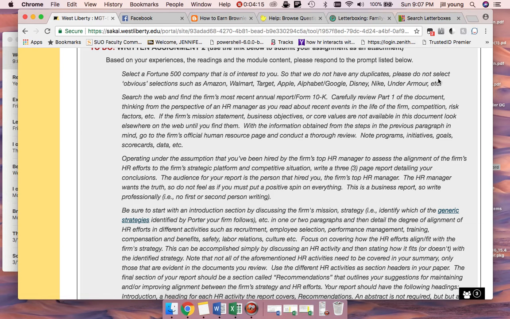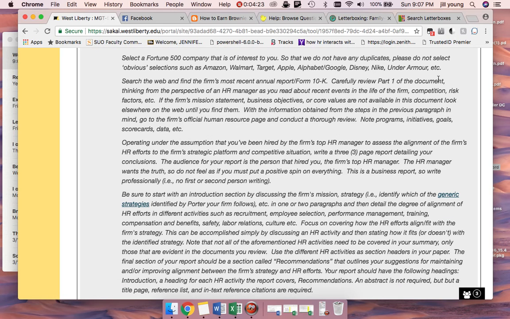If they're not available, look on their website. Usually you can go to a corporate website and find all that information. Really, you're just doing an overview of all of these things: the annual report, mission, values, any kind of objectives, goals, code of ethics, anything you can find on that company.